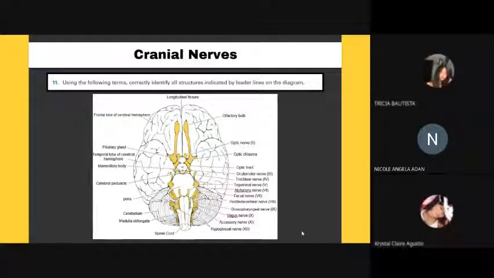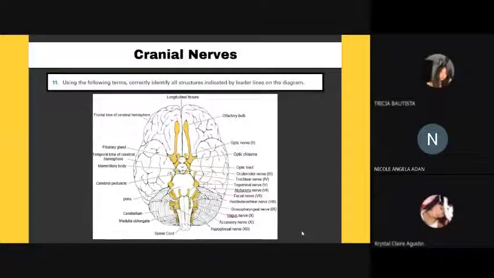Each cranial nerve has a designated function and number according to its location. So we can see the olfactory bulb, optic nerve number 2, optic chiasma, optic tract, oculomotor nerve number 3, trochlear nerve, trigeminal nerve, abducens nerve, facial nerve, and many more.